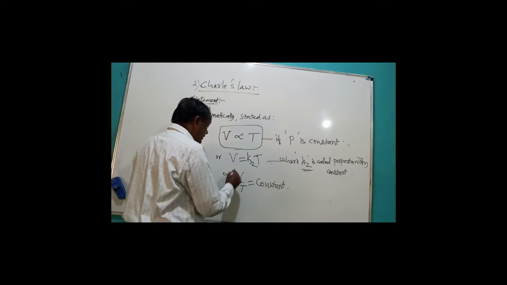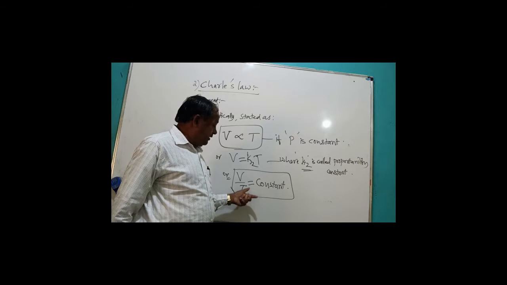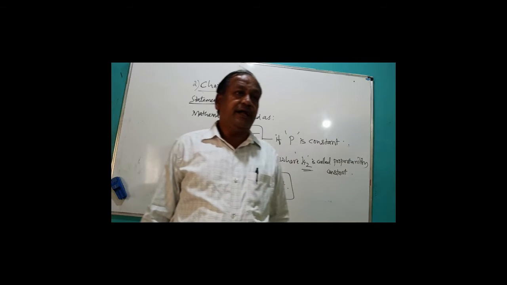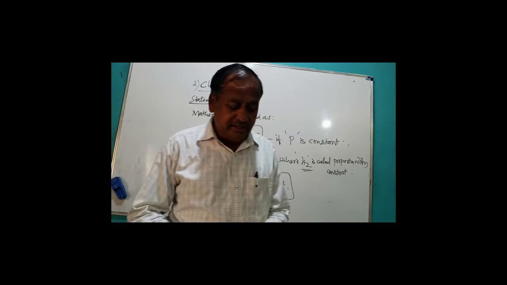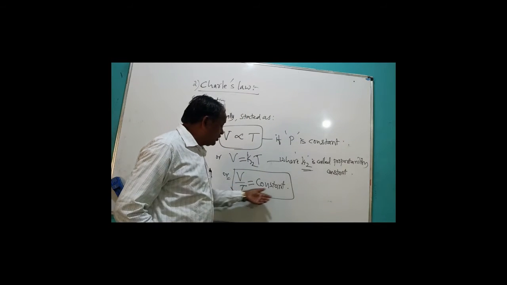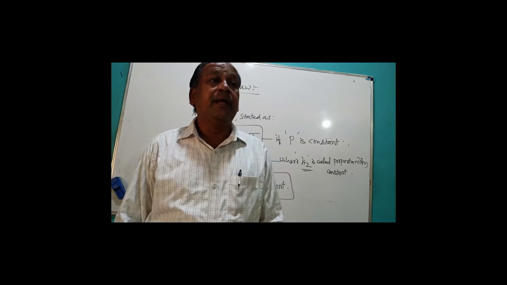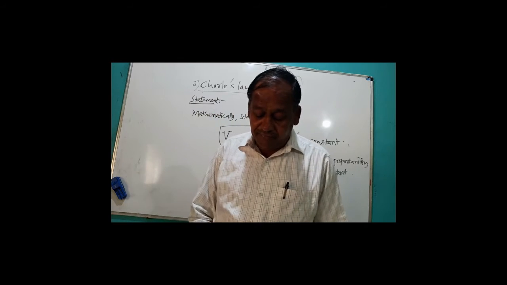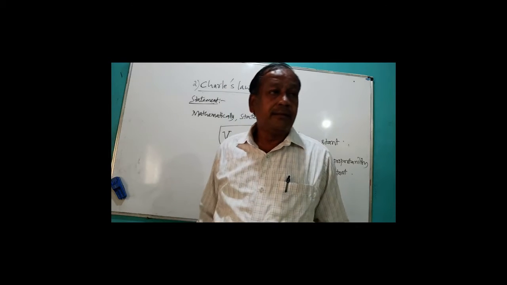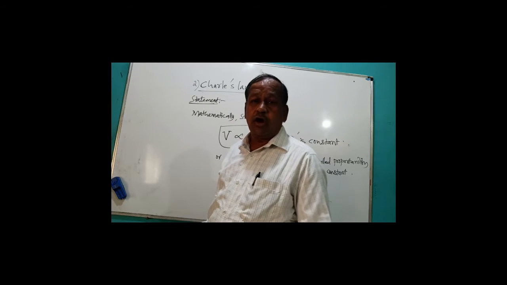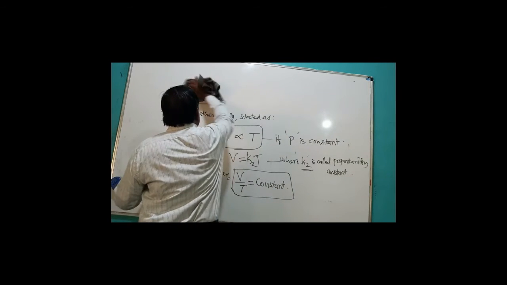So PV is equal to constant is the mathematical statement for Boyle's Law, whereas V by T is equal to constant is the mathematical statement for Charles' Law. After Charles' Law, next we will go for one more law, that is Gay-Lussac's Law, the third one.